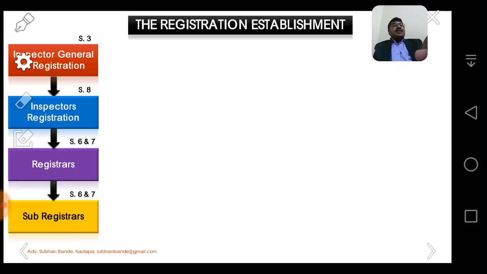For every district, it establishes a registering office, a registrar's office. In every sub-district, it establishes sub-registrar's office. This is the hierarchy of the registration establishment.